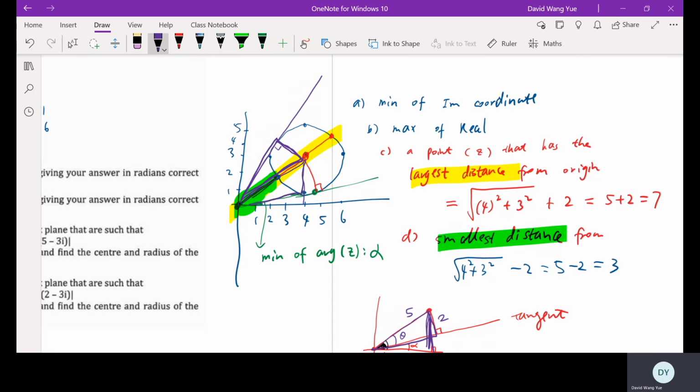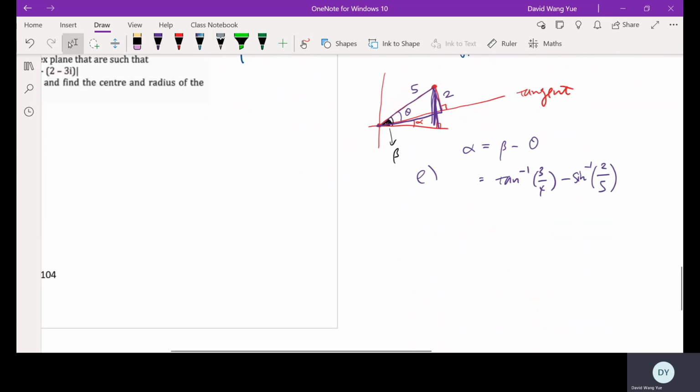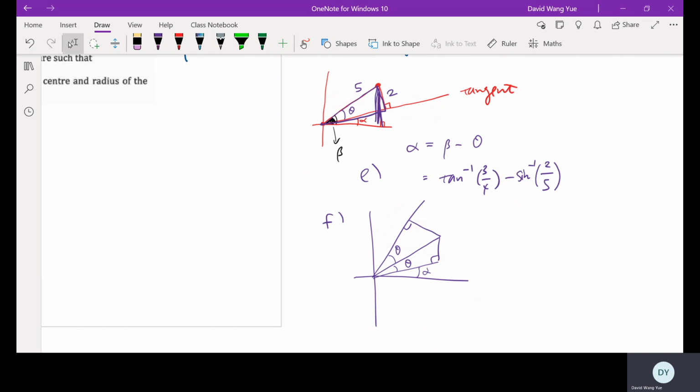That means exactly the same as the other triangle. So basically, the largest argument is something like theta plus theta plus alpha. Okay, so this is the largest one.